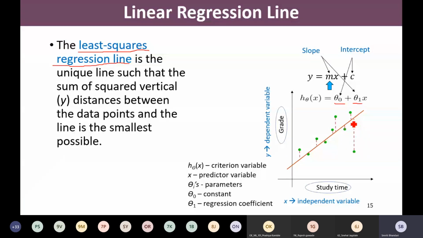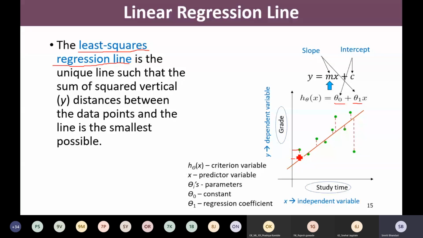So obviously, in other terms, whatever are these vertical lines we have depicted over here, these are actually providing me the errors, right? So if I look at this particular data point, then my actual value of y is different, and if I use this hypothesis, the predicted y value using this hypothesis is different.